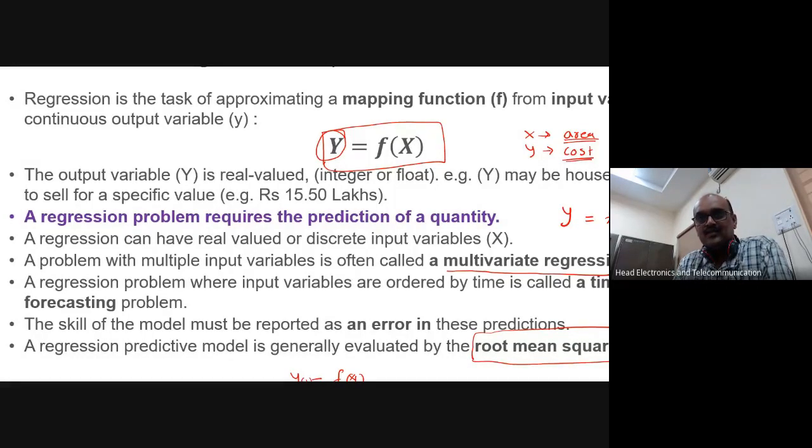In general, suppose y is my actual value and y hat is the predicted value. I take the difference between them and square it, and then take the root.